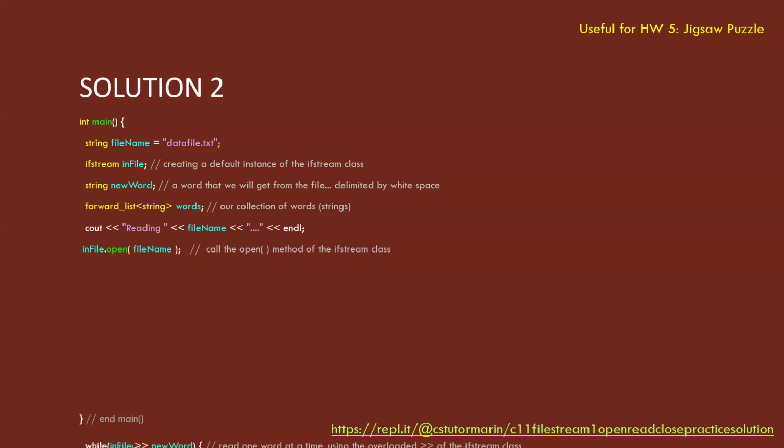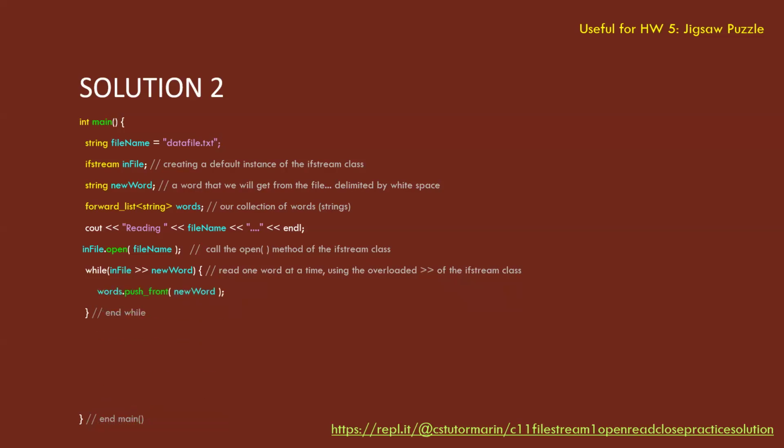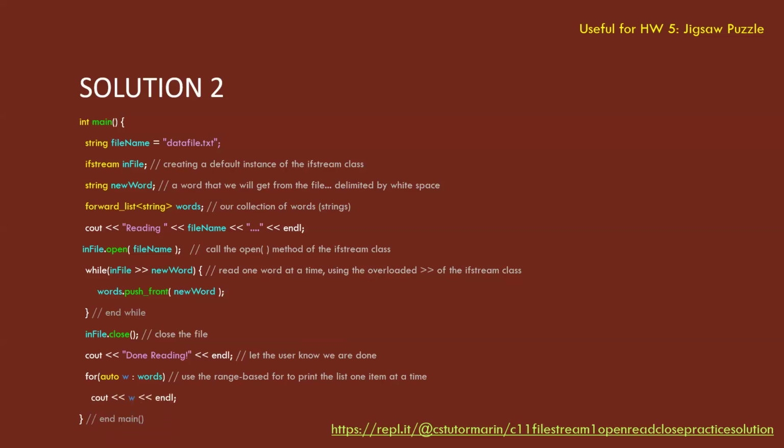But here's our open file. And then while we can read a word, keep pushing it onto our words list. And then we can use our very concise const auto ampersand W, and then cout W, and all of that would work pretty nicely, okay?